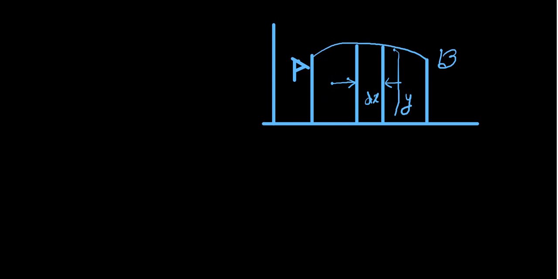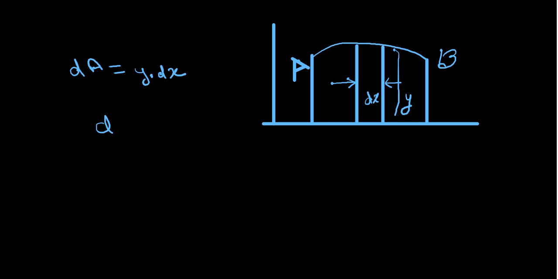So the area of the smaller strip, say dA is the smaller strip's area, is equal to, since the smaller strip is just like a rectangle, dx is the width and y is the length, so y dx.